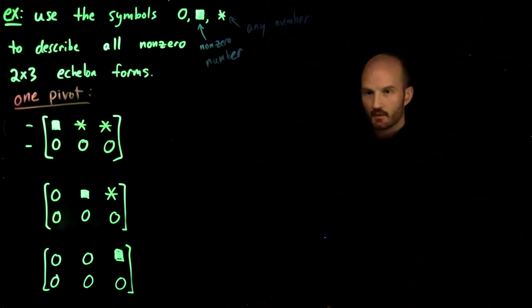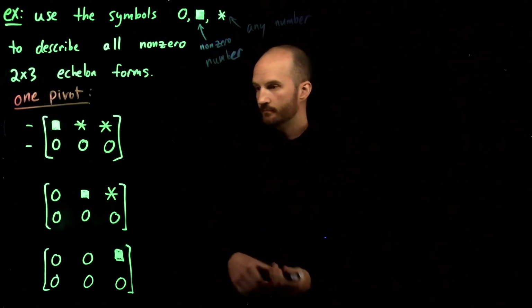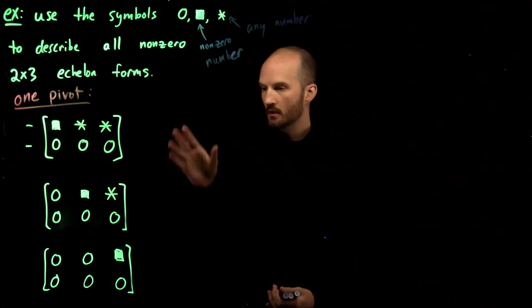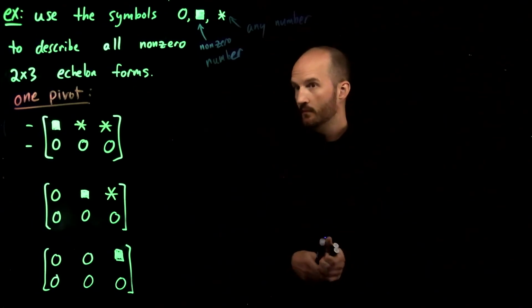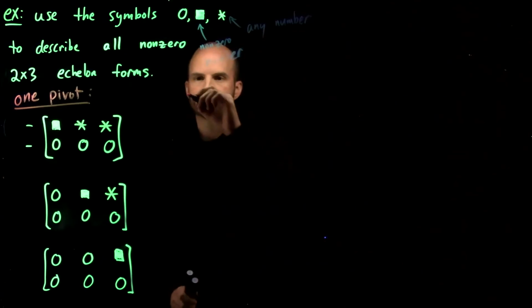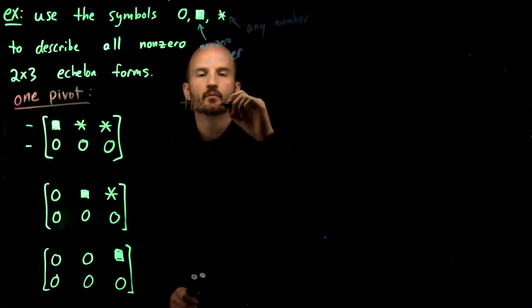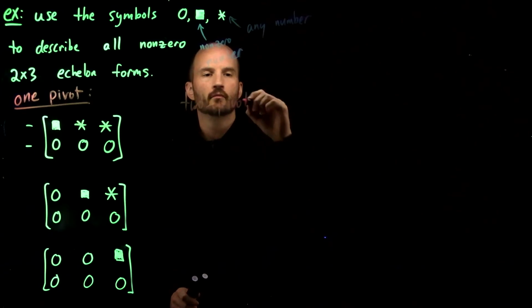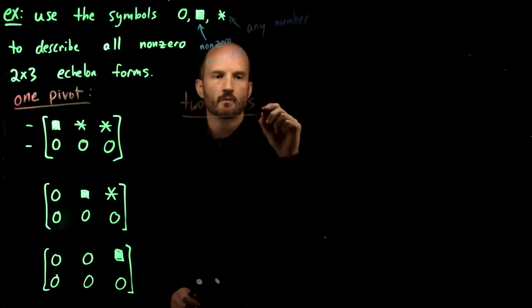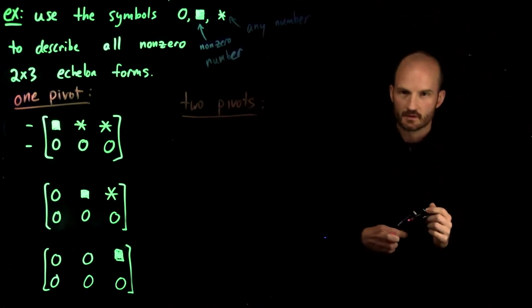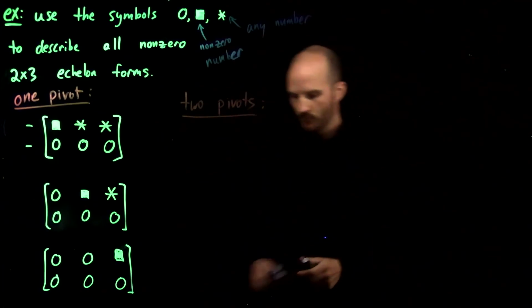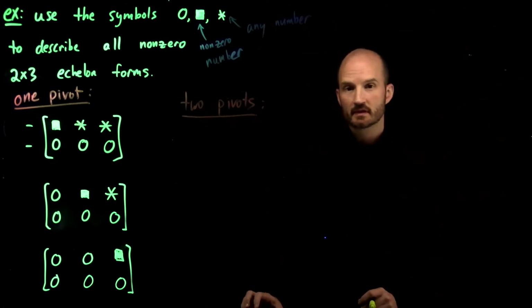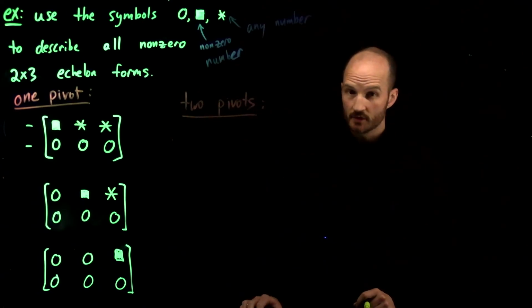Okay, so again, I'm dividing my problem up into 2 pieces. I'm looking at the matrices that have 1 pivot, and then I'll look at the matrices that have 2 pivots. Okay, how can I have 2 pivots? Well, 2 pivots, meaning I have to choose 2 columns to put them in.